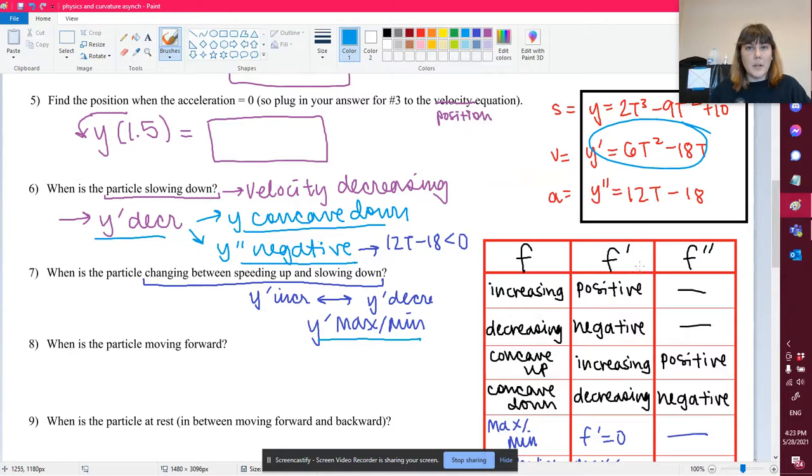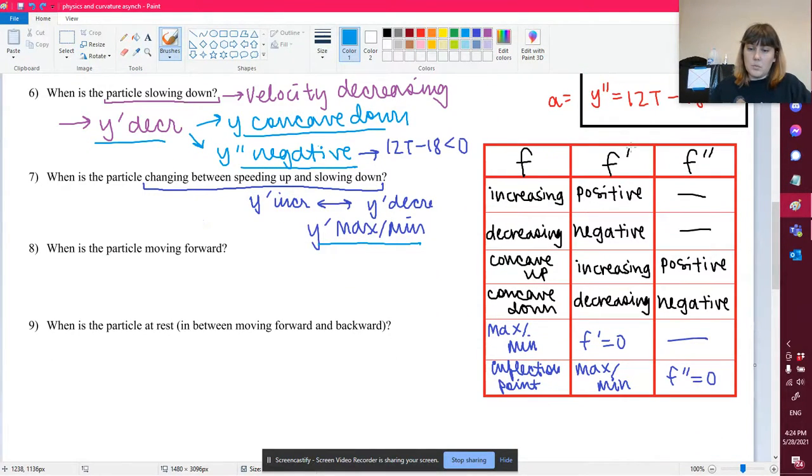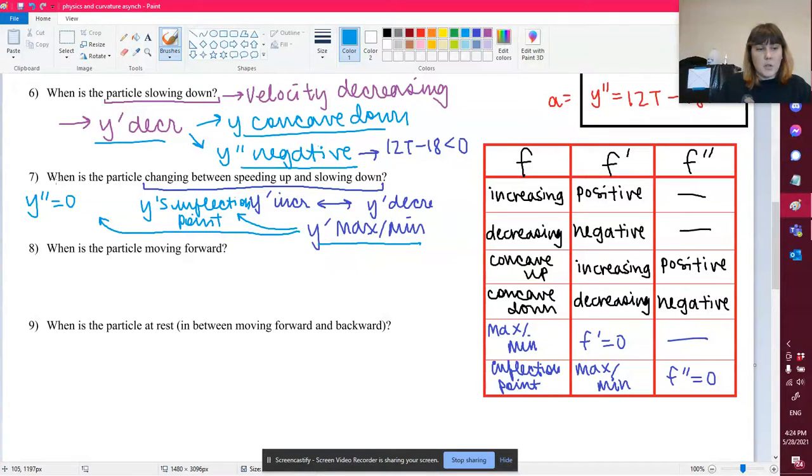We can also look at our chart and say, oh, well, when f prime is a max or a min, that means we're either looking for y's inflection point, or perhaps easier to conceptualize, we're looking for when the second derivative equals 0.